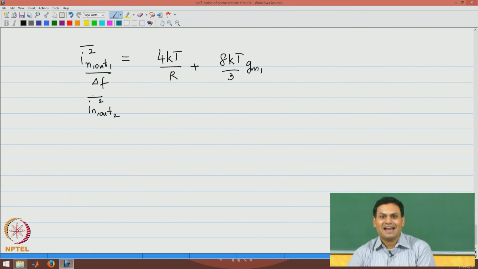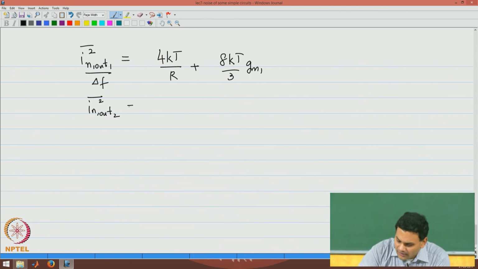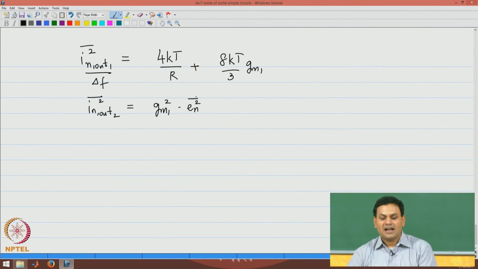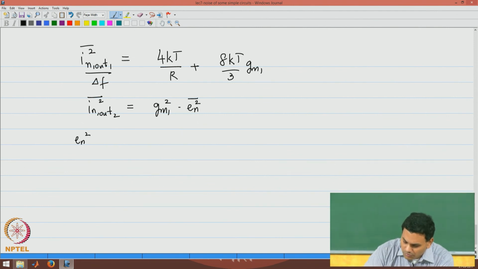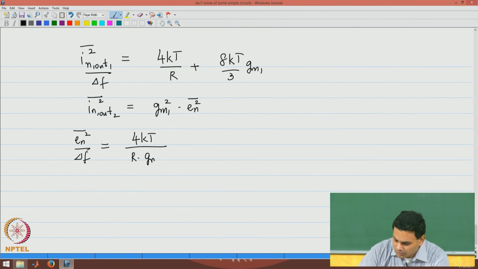In the case where I have a noiseless circuit with an input referred noise, we know that the overall transconductance of the cascodes is the same as that of the device M1, and therefore In out 2 squared is gm1 squared times En squared, and therefore En squared by delta f is nothing but 4kT/R times 1 over gm squared plus a small term.